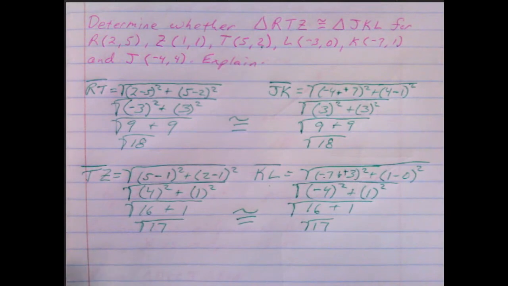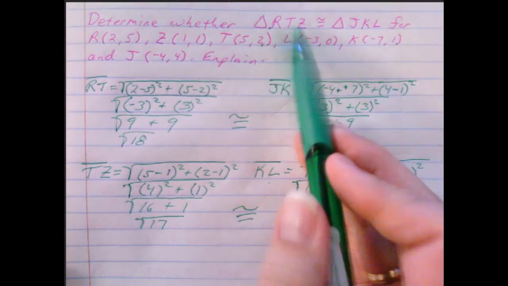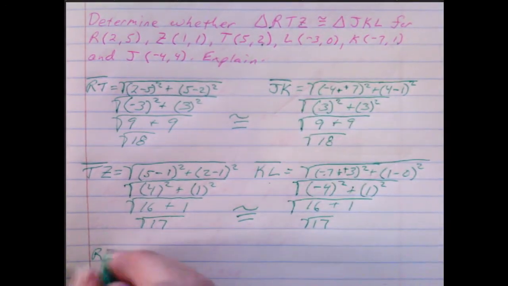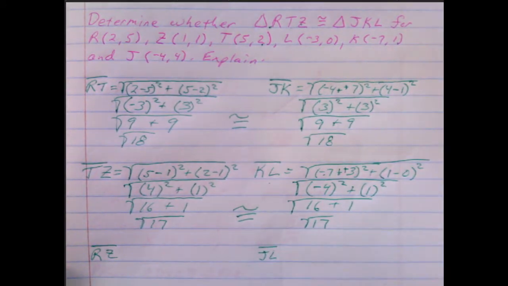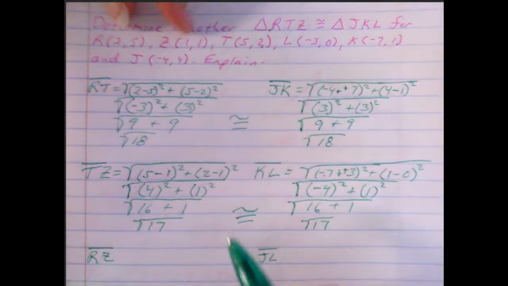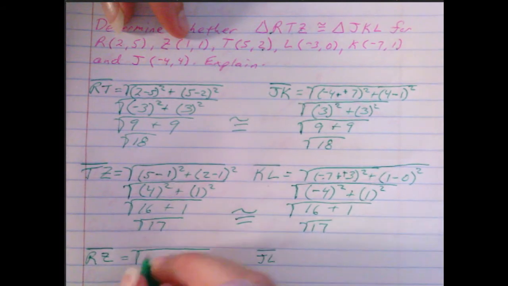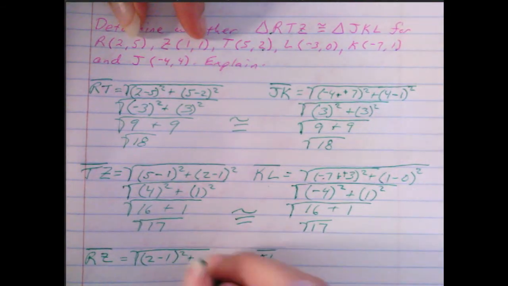Okay. Looking at the last one, we have the first and last letters for our triangle. So we have R, Z, and we have J, L. So for RZ, we're looking here. So square root, x values, 2 minus 1 squared, plus our y values, 5 minus 1 squared.